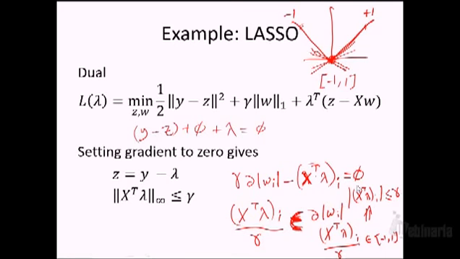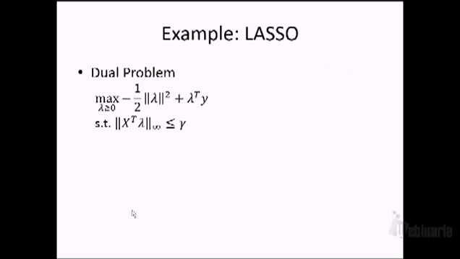And since this applies for each I, then we can write that compactly in this form, because recall that the infinite norm of a vector is the maximum absolute value of its coordinates. And so now we have this dual problem.